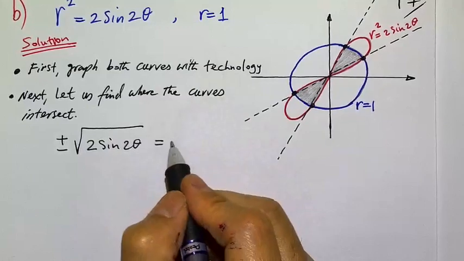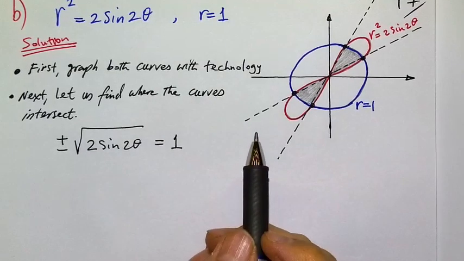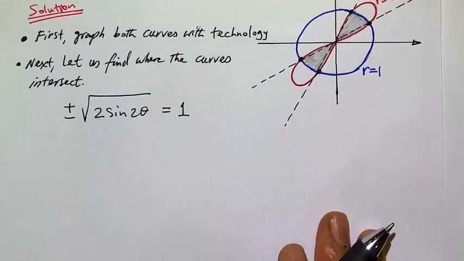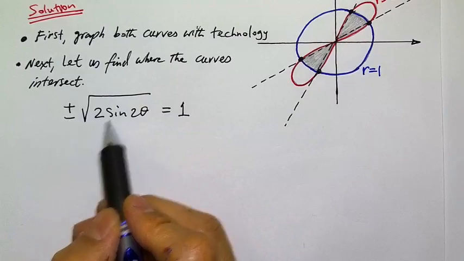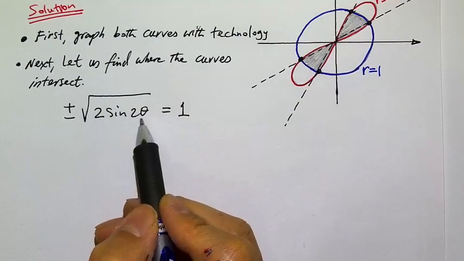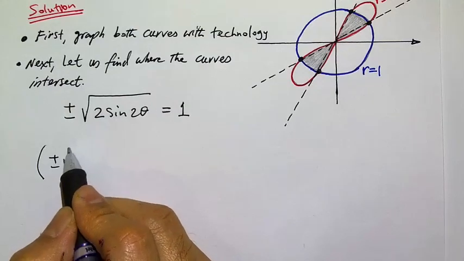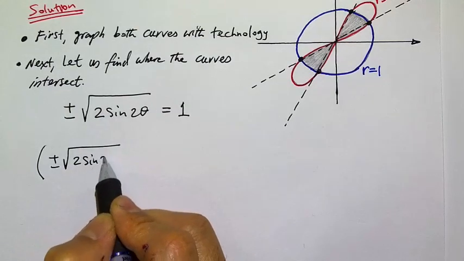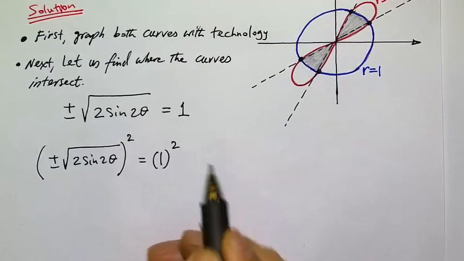Of course, that's just 1, right? And then again, we'll have to square both sides, plus and minus squared, to solve for theta, right? So squared equals 1 squared.